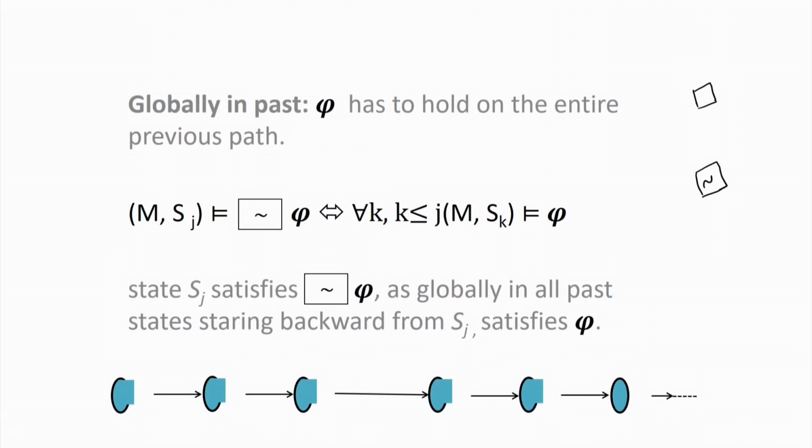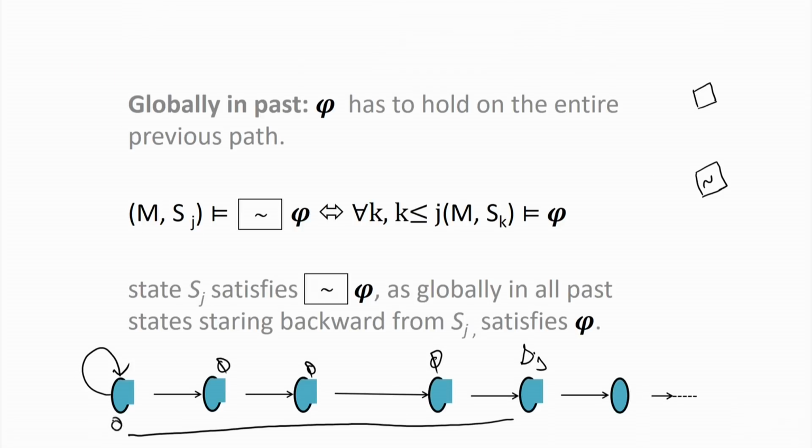If we are having this particular state, say S j, and in all the previous states, starting from the starting state, phi holds, then we say that in this particular state S j globally phi holds.